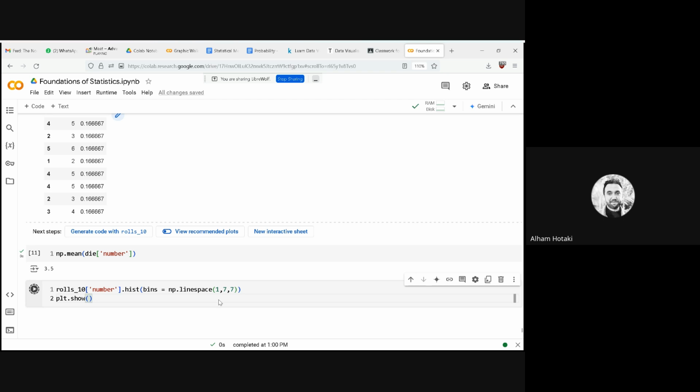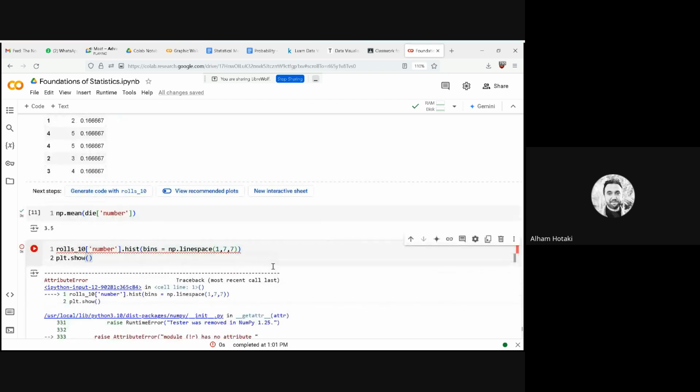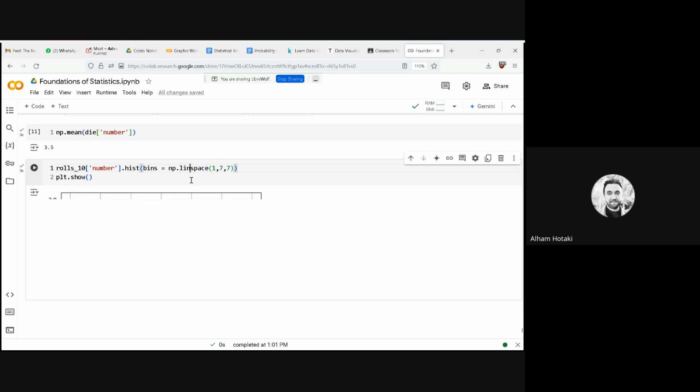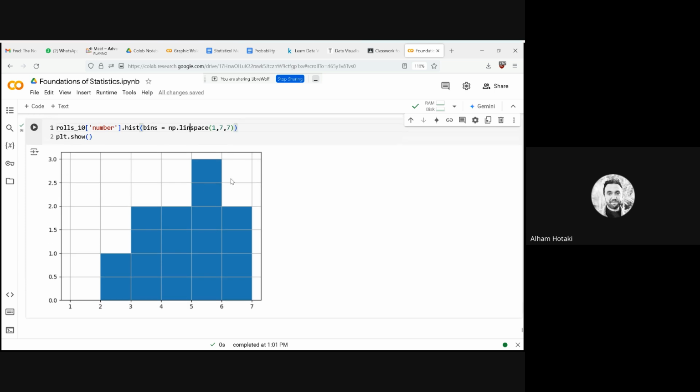Why 7, 7? Because the maximum is 6, so we have to put it like this.